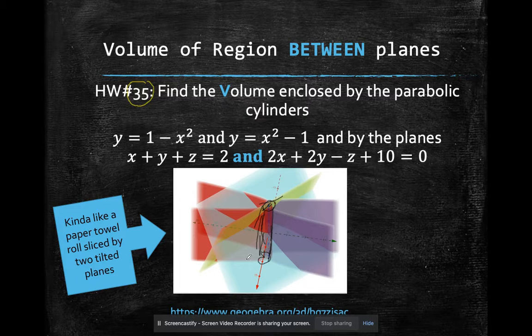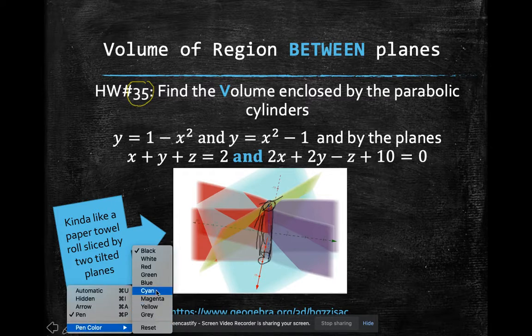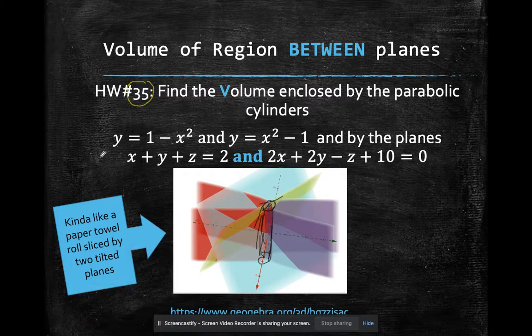So the planes are your flat surfaces. This is flat surface 1, and this is flat surface 2. But flat, meaning, yes, they are, right?